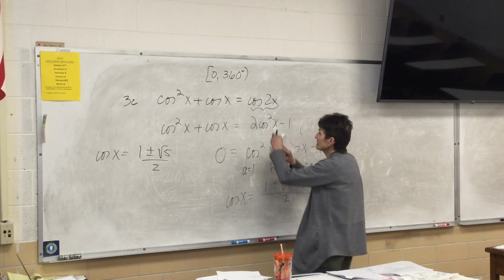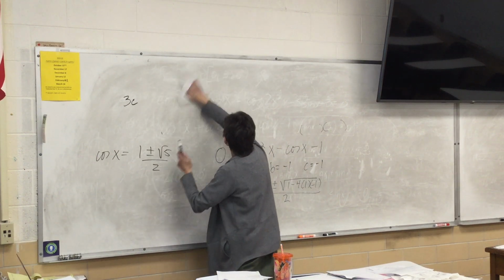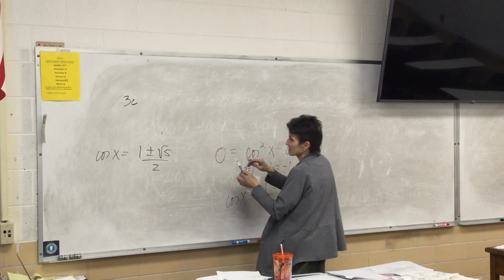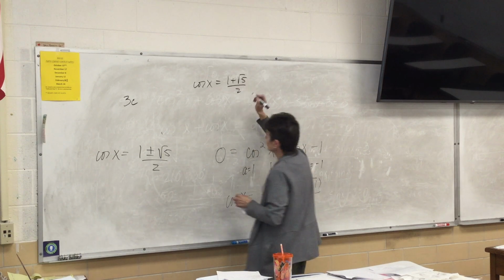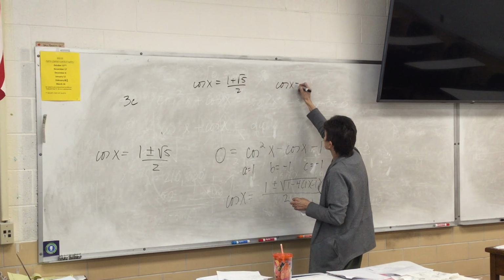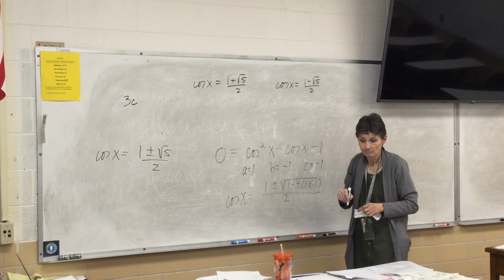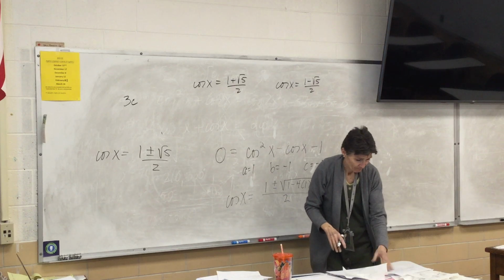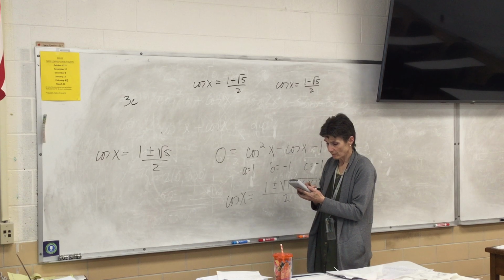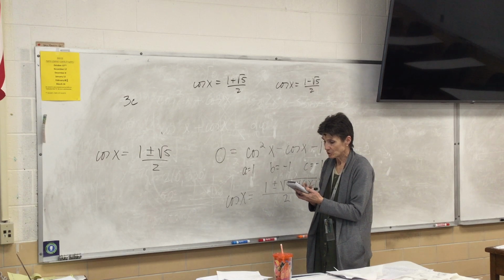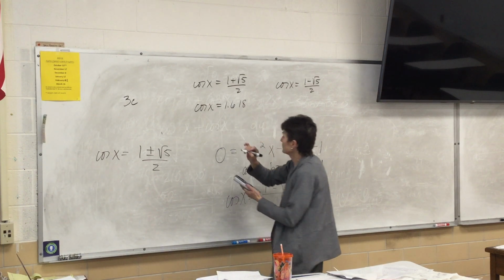All right, now you guys listen. That is 2 answers. That means that cosine x equals 1 plus root 5 over 2, or cosine x equals 1 minus root 5 over 2. Let's see what those numbers are. 1 plus the square root of 5 divided by 2, cosine x equals 1.618.